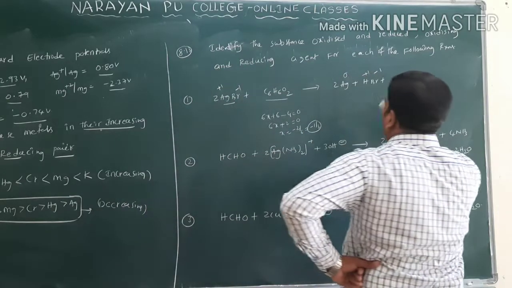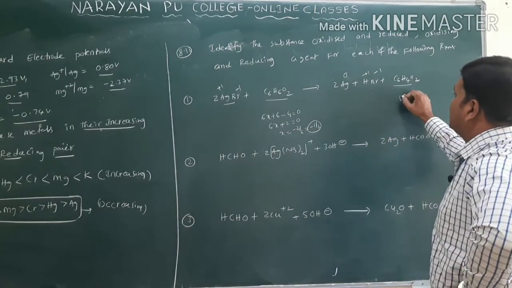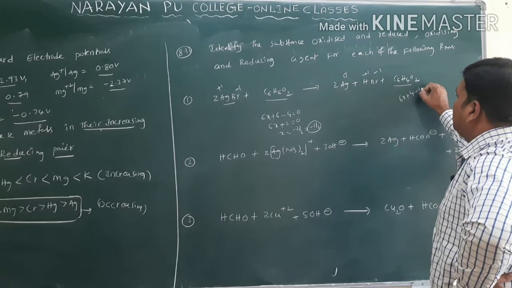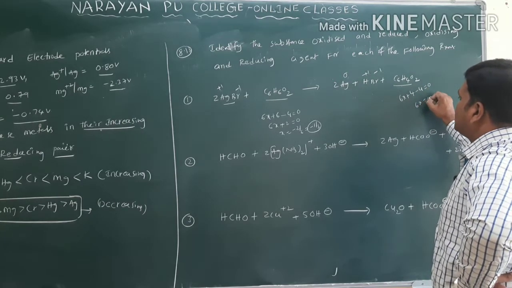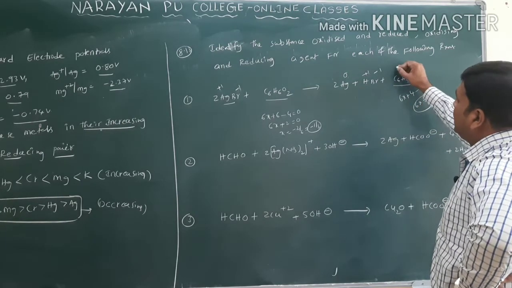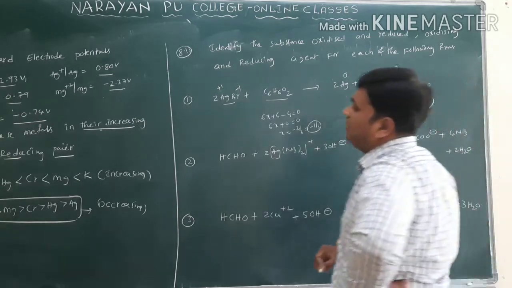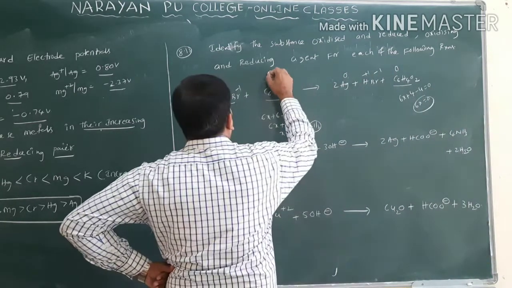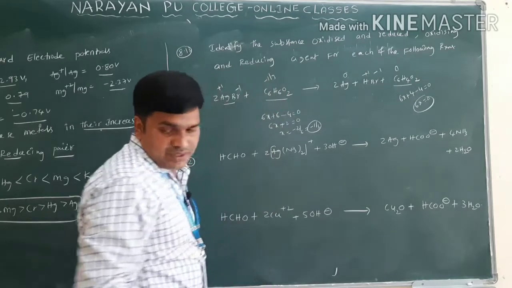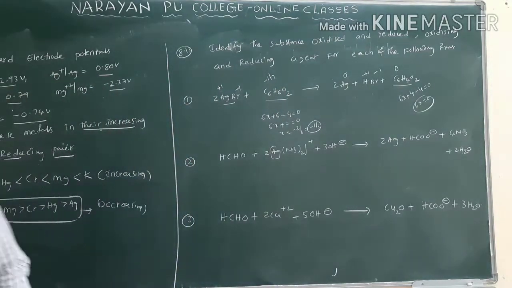In the other compound, 6x plus 4 minus 4 is equal to 0, so 6x is equal to 0, and carbon is 0. Suppose the first has the fractional value minus 1 by 3.